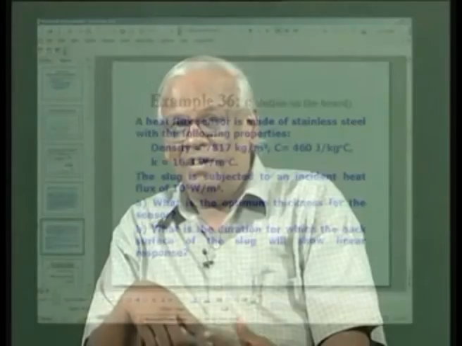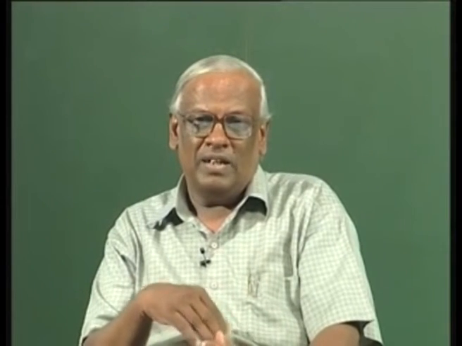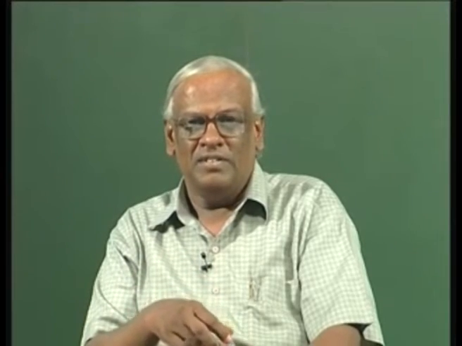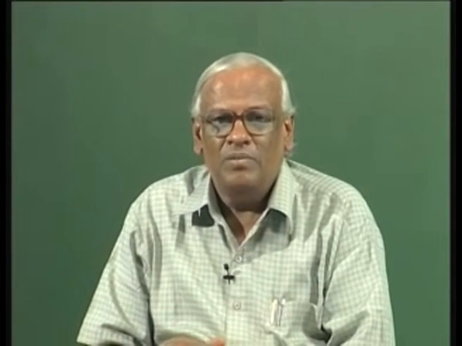If you remember, in the previous example, example 35, we had a copper slug with a very high thermal conductivity of about 400 watts per meter degree Celsius, and we are replacing it with stainless steel, because stainless steel has a much lower thermal conductivity and also lower thermal diffusivity.